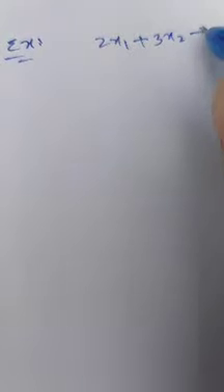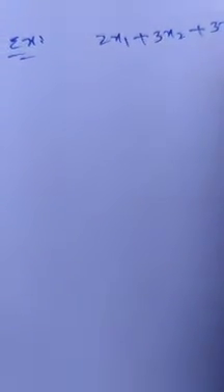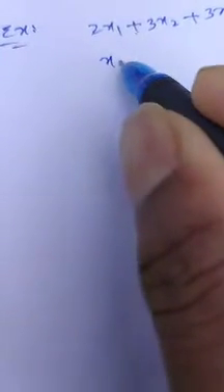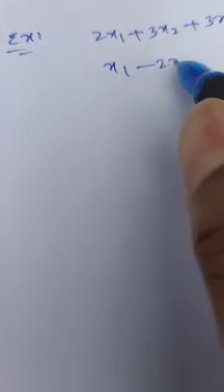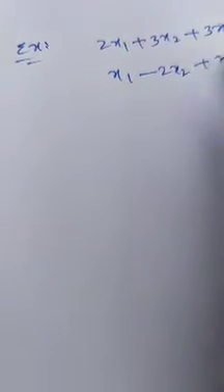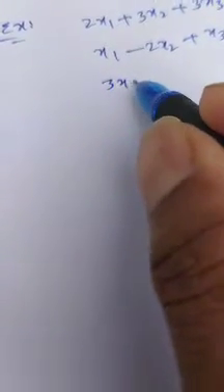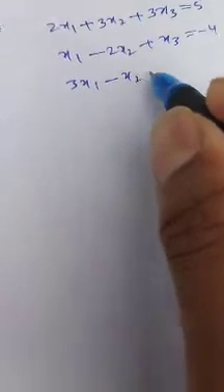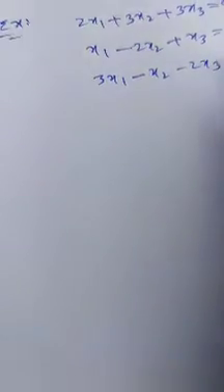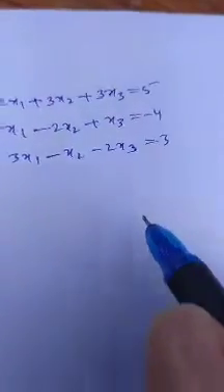Second example. 2x1 plus 3x2 plus 3x3 is equal to 5. x1 minus 2x2 plus x3 is equal to minus 4. 3x1 minus x2 minus x3 is equal to 3. Solve the given system of equations by the inversion method.